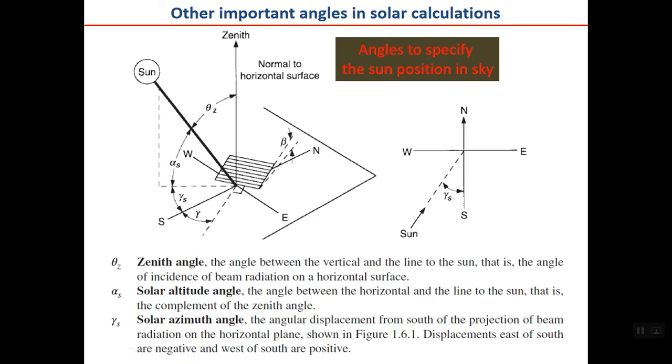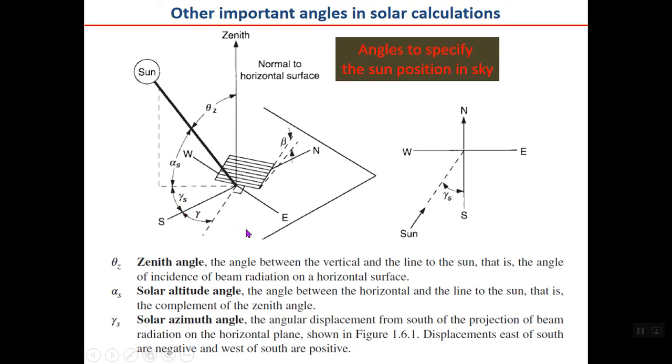The other angle which shows the position of the sun is gamma s, the solar azimuth angle, which is the angular displacement from true south of the projection of the beam radiation on a horizontal plane. So if you make a projection on a horizontal plane, the angle with true south will be shown by gamma s. Similar to gamma, we take east negative, west positive.